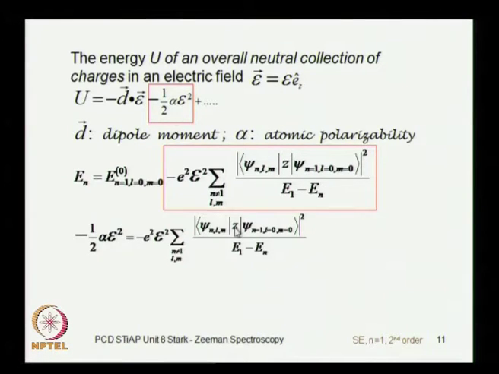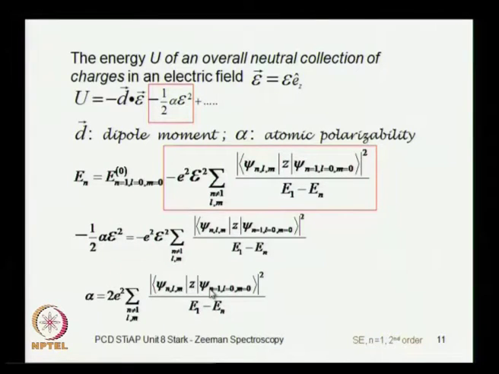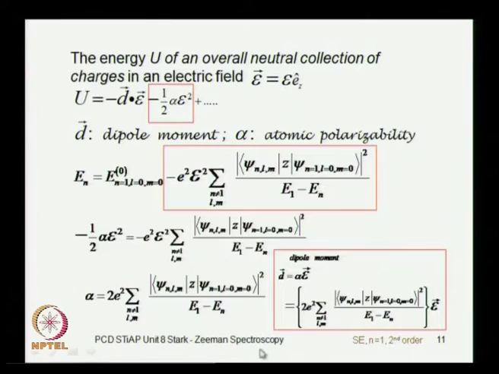You can equate these two terms and you find that the atomic polarizability is given by the summation term that we just discussed. Okay. So, from this you can also get the dipole moment, because it is proportional to the electric intensity through the atomic polarizability.